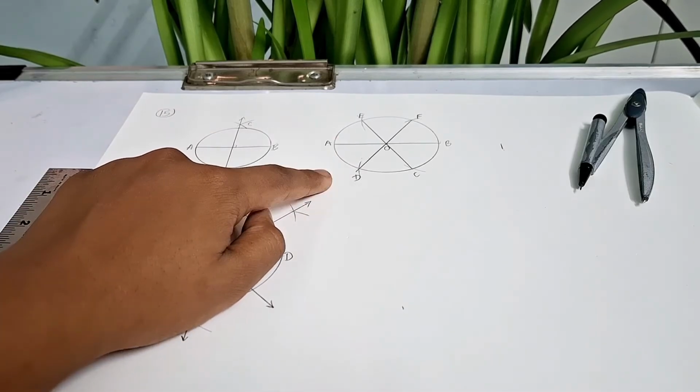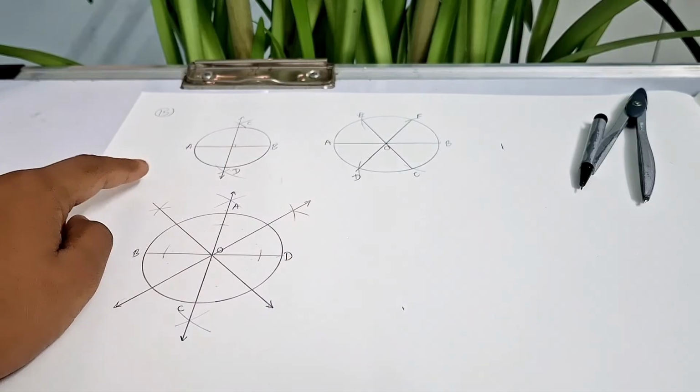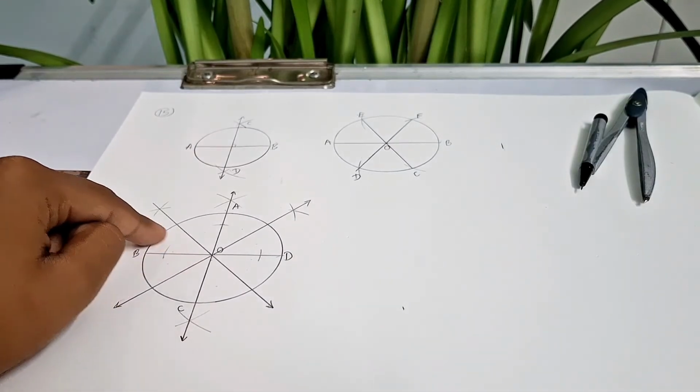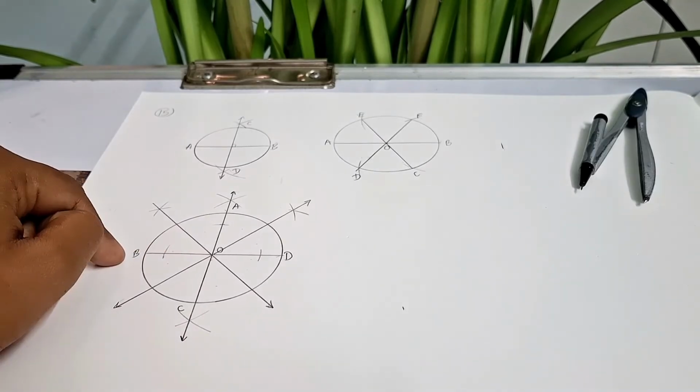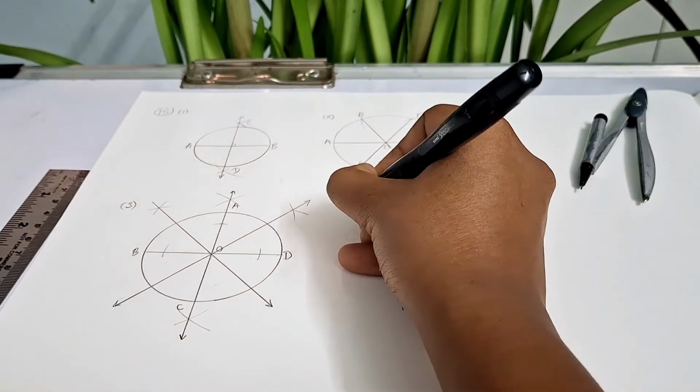Without changing the radius of the compass, we take a radius of 3 cm only and construct the whole diagram. But in constructions 1 and 3, we use angle bisectors to divide the circle into 4 and 8 parts. Now let's move to question number 16.